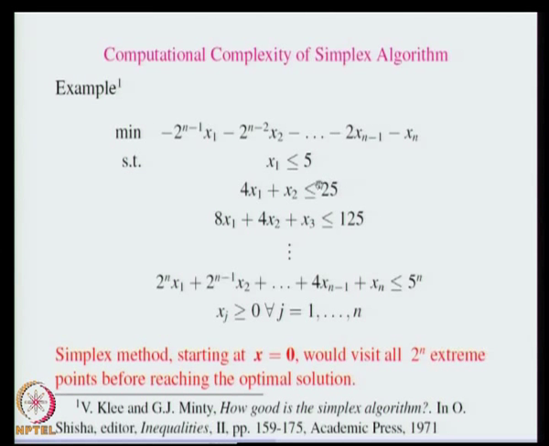This is a problem in n variables and n constraints, but it has 2 to the power n extreme points, and if we start from x equal to 0 and use the simplex method, it will have to visit all the extreme points before it finds the optimal solution.